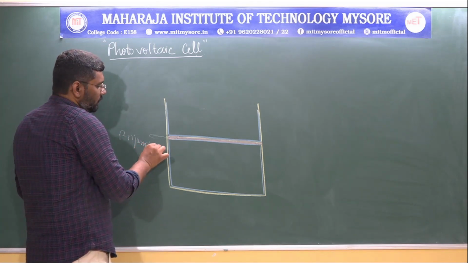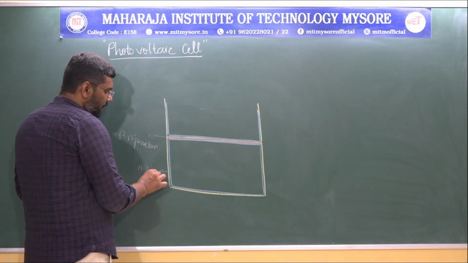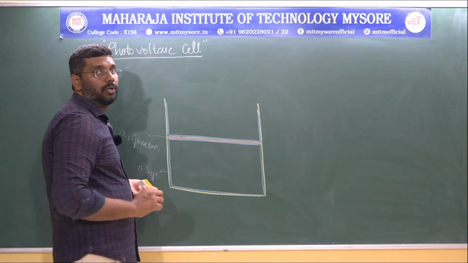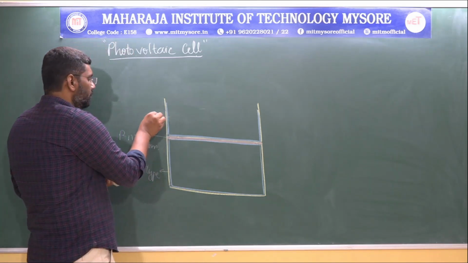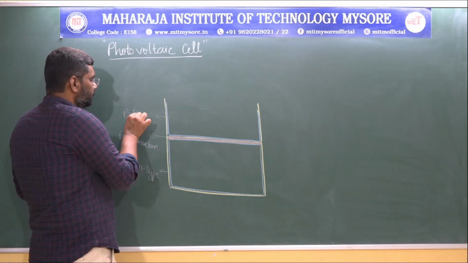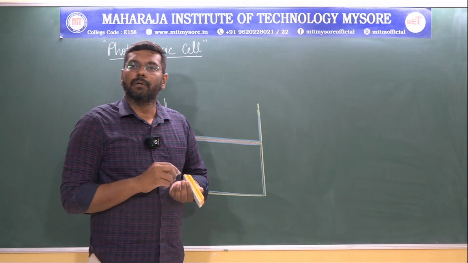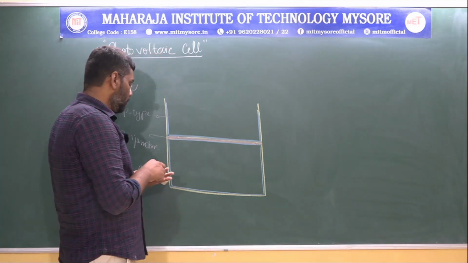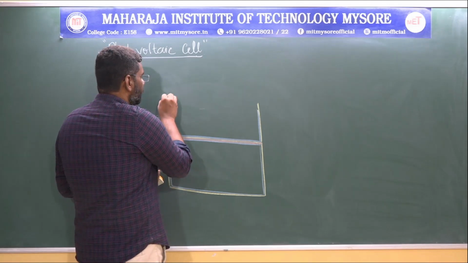Okay, so this is the n-type semiconductor. N-type semiconductor means silicon which is doped with phosphorus, and this is the p-type semiconductor. P-type semiconductor means silicon which is doped with boron. At the top there will be an anti-reflecting coating.